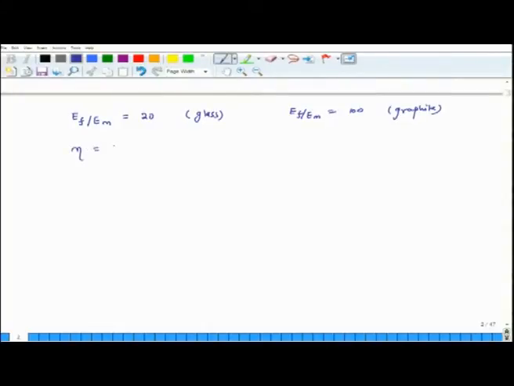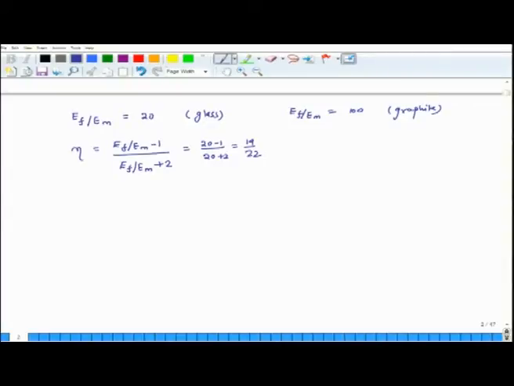With that understanding, next we compute the parameter eta. This is equal to E_f over E_m minus 1 divided by E_f over E_m plus 2. For glass this is 20 minus 1 divided by 20 plus 2, which gives us 19 over 22.